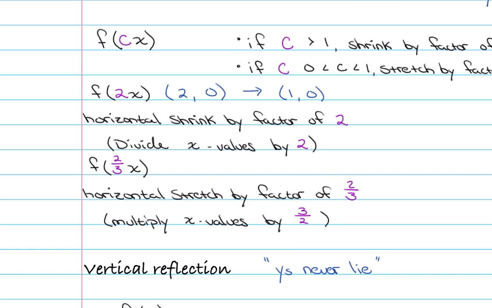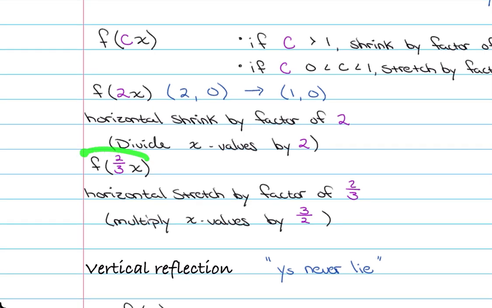If the number is less than 1 but greater than 0, that is going to be our horizontal stretch by a factor of 2/3. That means we're going to do the opposite. So we're going to multiply by 3 halves.